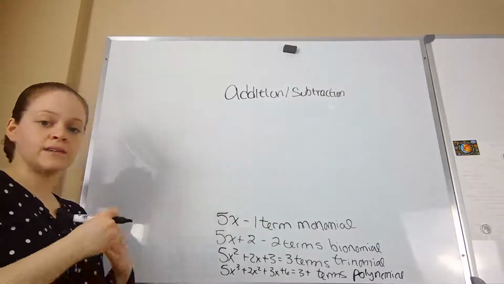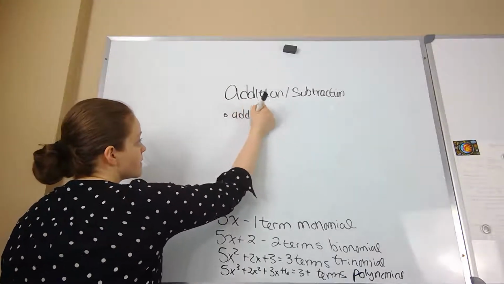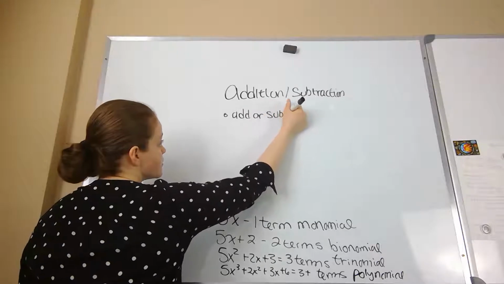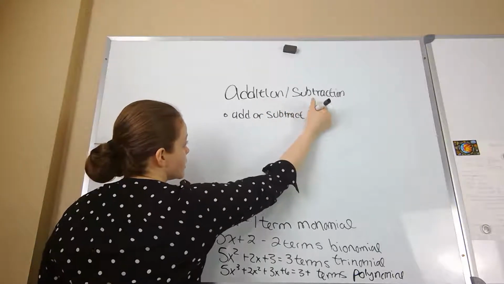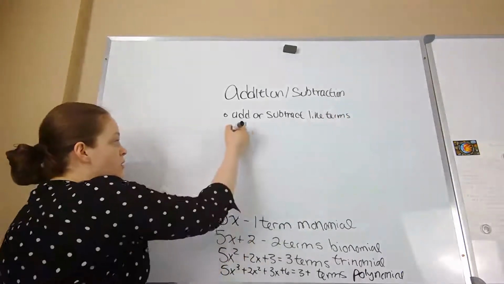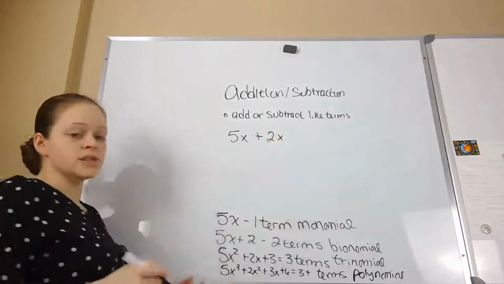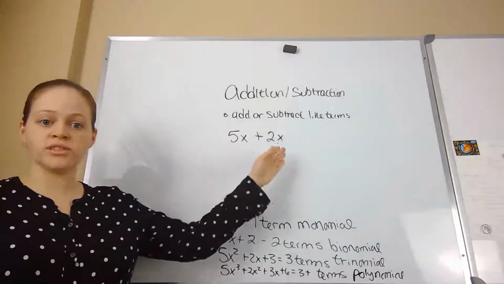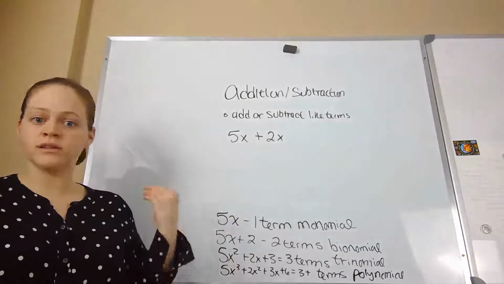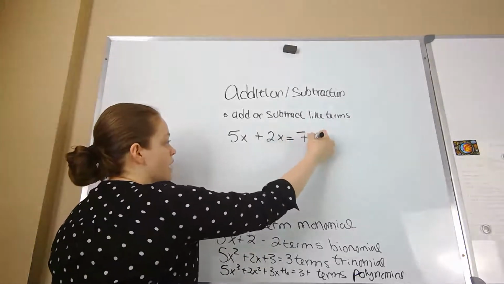You just need to add or subtract like terms. So 5x plus 2x, those are like terms because they both just have an x to the power of 1. You can add them. So this is going to be 7x.